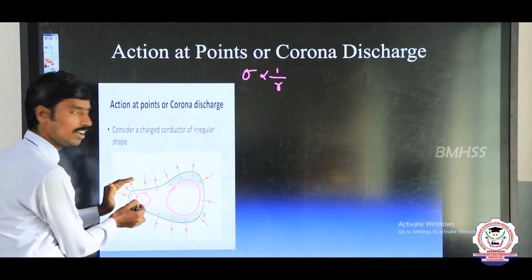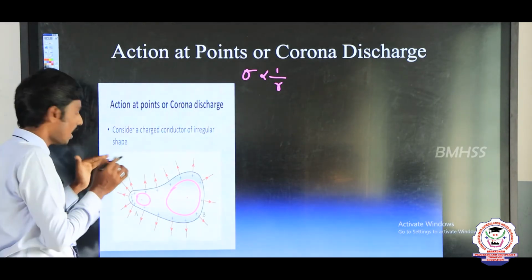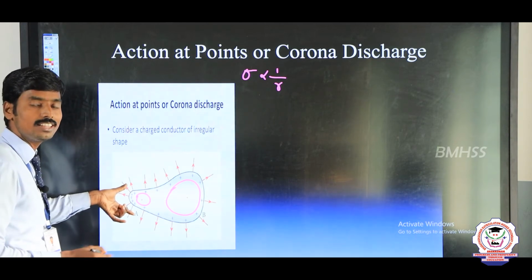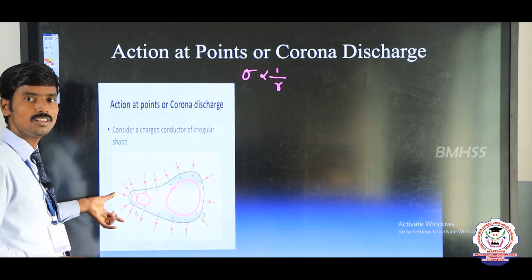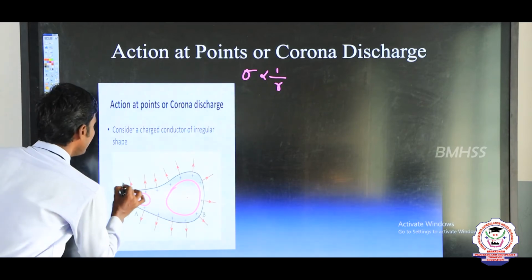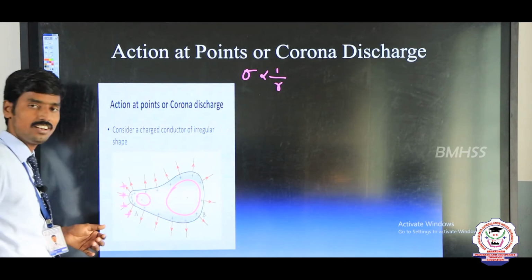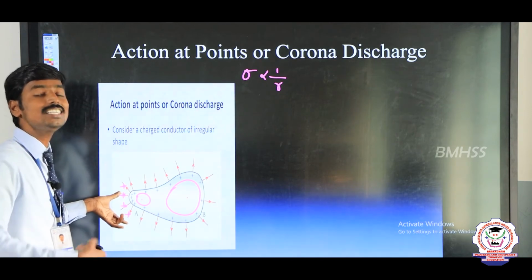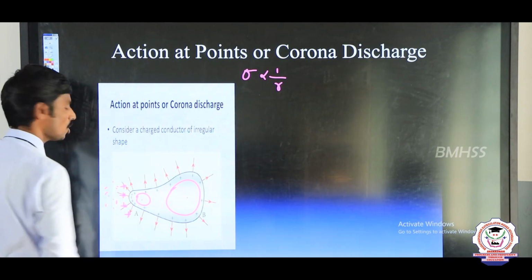As the radius of curvature decreases, the charge density increases. At that time the n number of charges at the sharp edge of the irregular body produce a very high electric field at this point. This very high electric field ionizes the surrounding air.